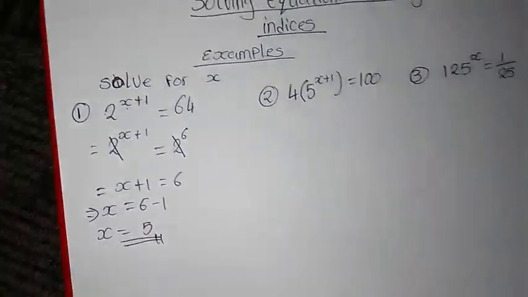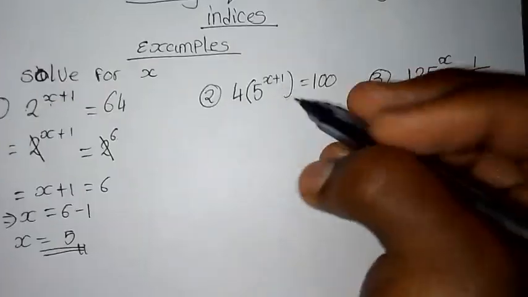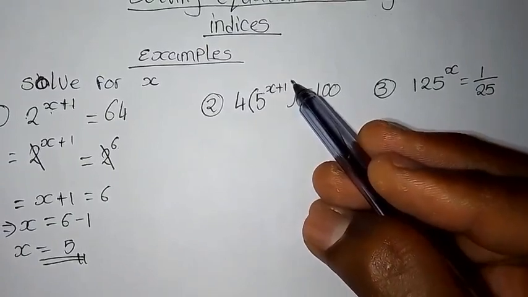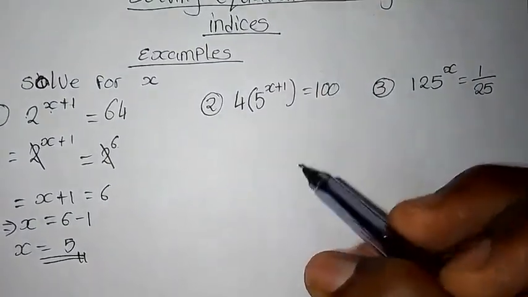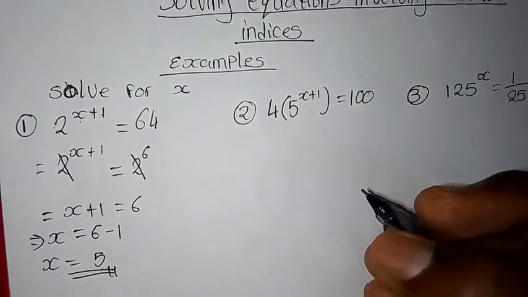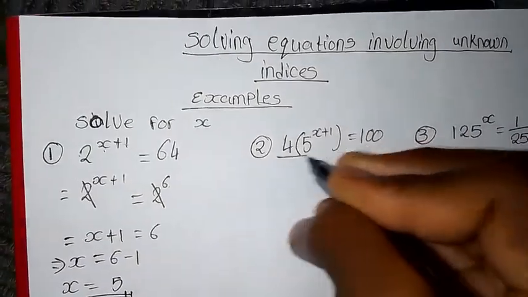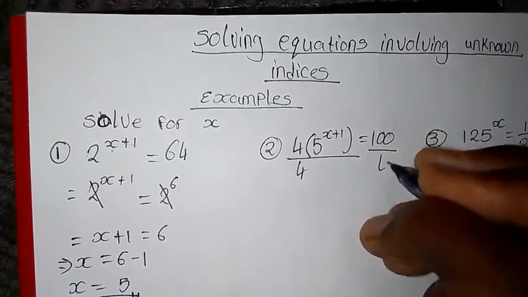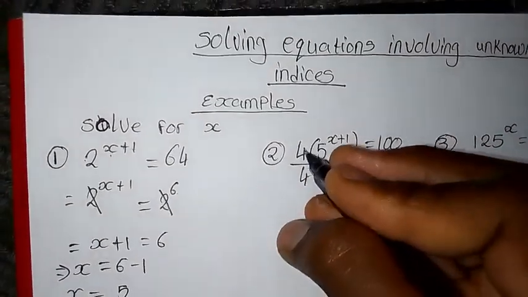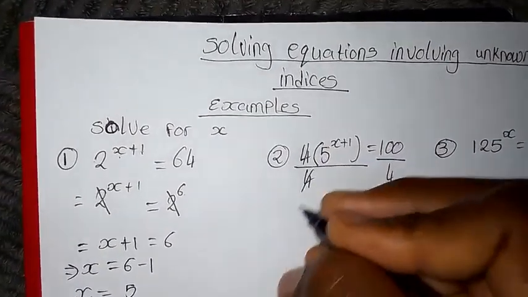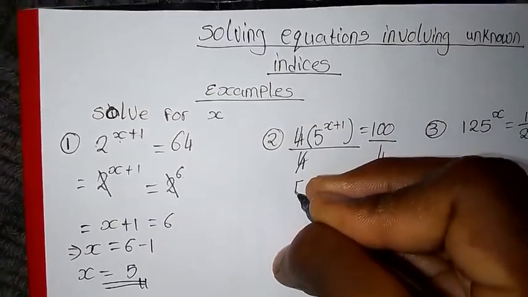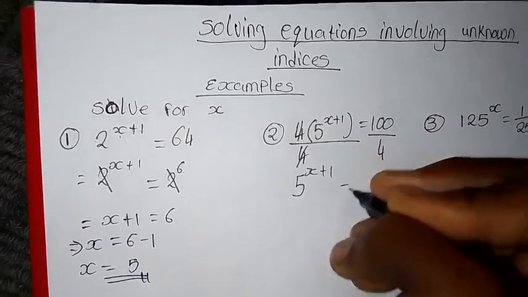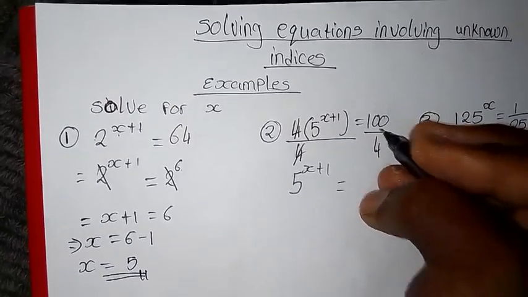So the next example, here we have 4 multiplied by 5 power x plus 1 close bracket and is equal to 100. So for this one here, first let's divide the 4 which is multiplied, on both sides. So here the 4 goes out, then it's going to be 5 power x plus 1 is equal to 100 divided by 4, it's 25.